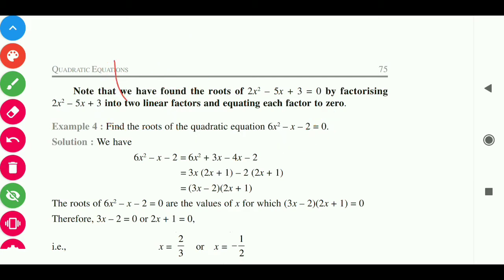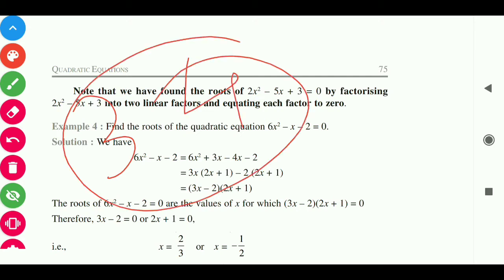Now factors of 12 are 1 into 12, 2 sixes are 12, 3 fours are 12 and 4 threes are 12. And when we examine those factors, we conclude that subtracting 3 and 4, we get minus 1. Minus 4 plus 3 equals to minus 1.